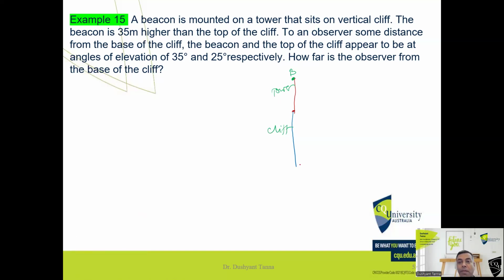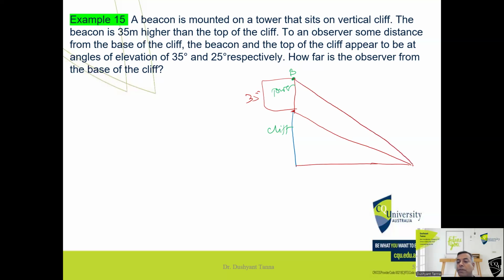Now, the beacon is 35 meters higher. So that one is 35, isn't it? Right? To an observer at some distance from the base of the cliff. So you draw a base. There's an observer here, a bit far.